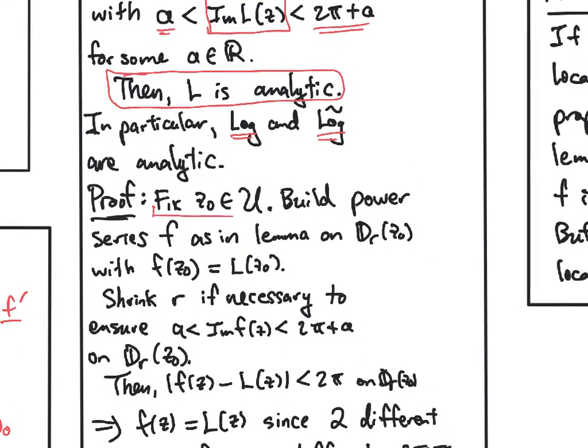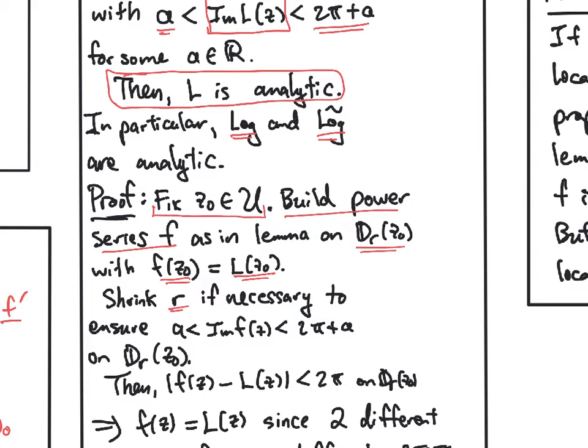Well, we fix a point in the open set that it's defined on, and we can build a power series, as in the previous lemma, on a small disk around z naught that matches the value of L at z naught. And then since f will be analytic, well, it'll be a power series, so it'll be continuous.